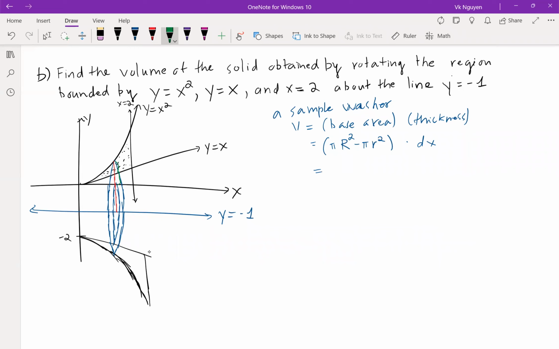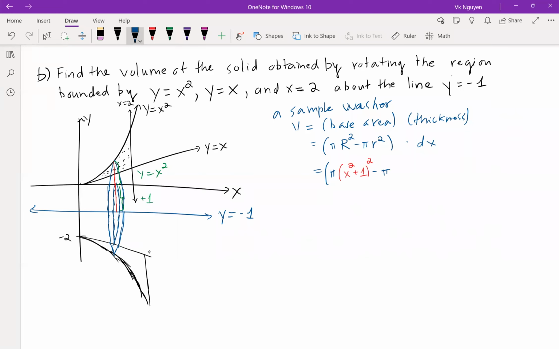It's this part right here, which is y equals x squared, and the second part is a distance of 1. So pi R squared is pi times x squared plus 1, squared.